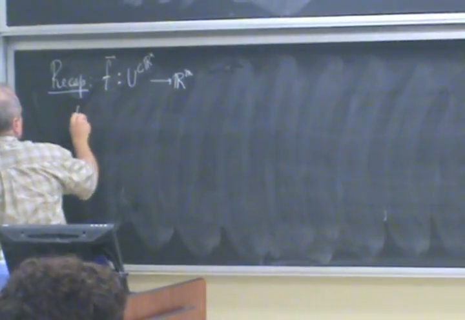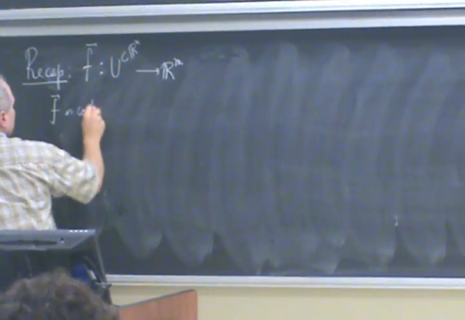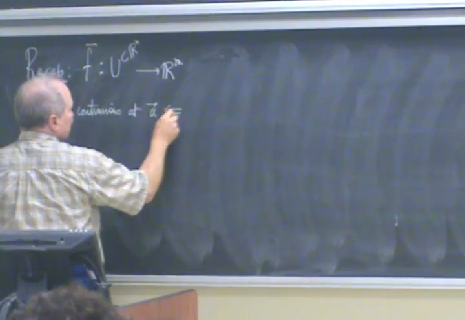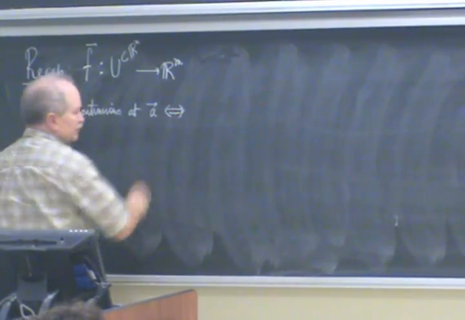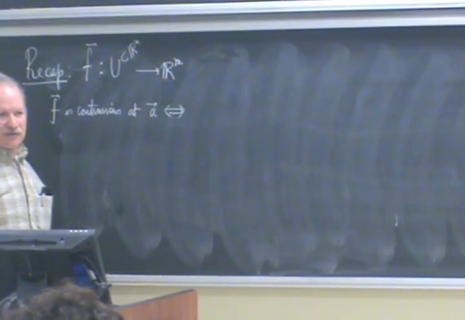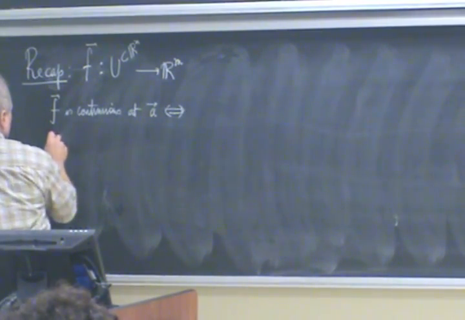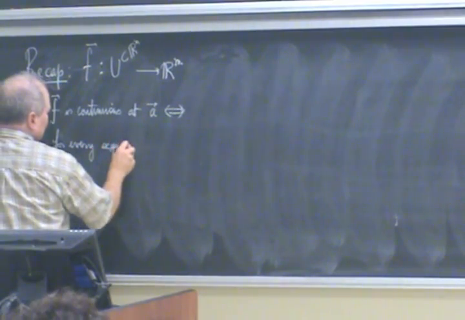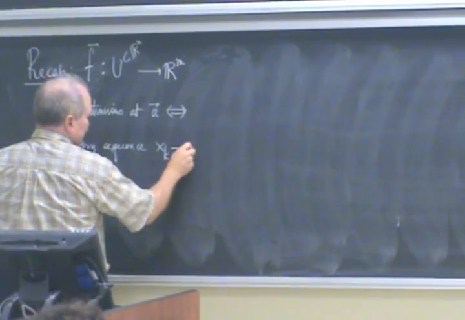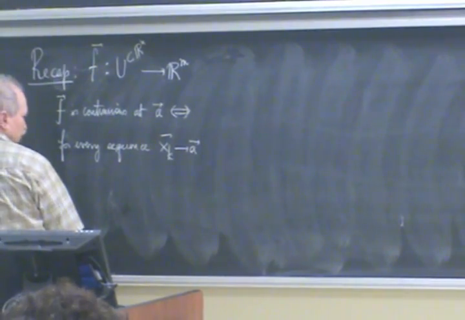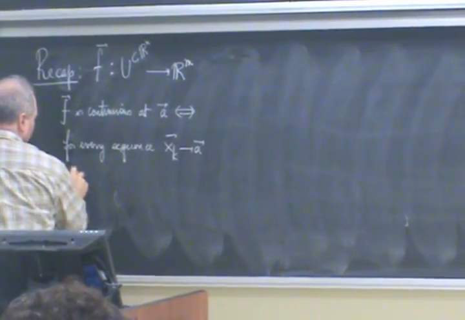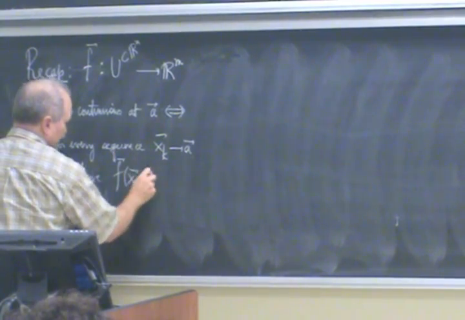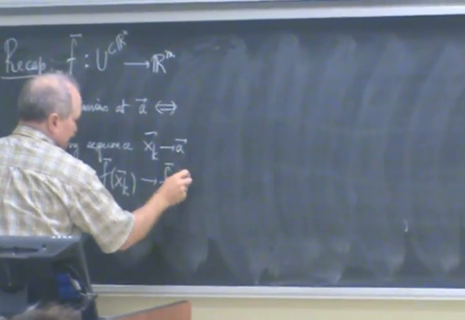We said f is continuous at A if and only if what? So for every sequence xk converging to A, we have f of the sequence converging to f of A.